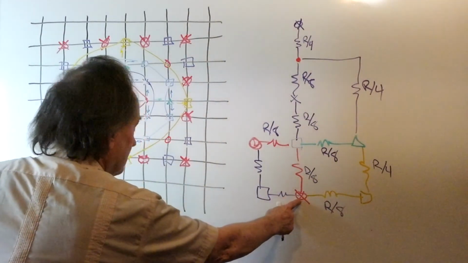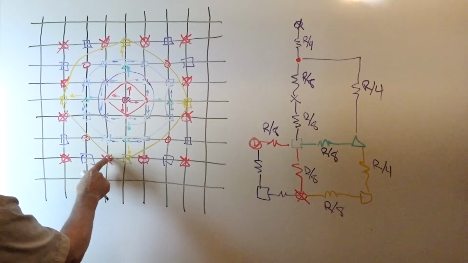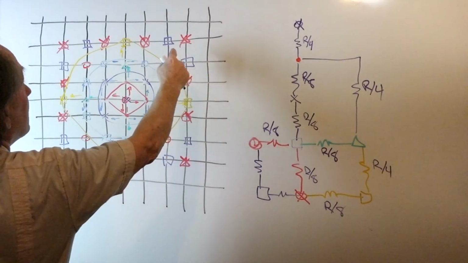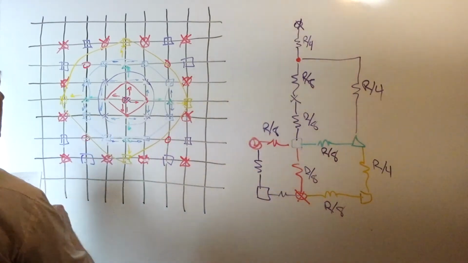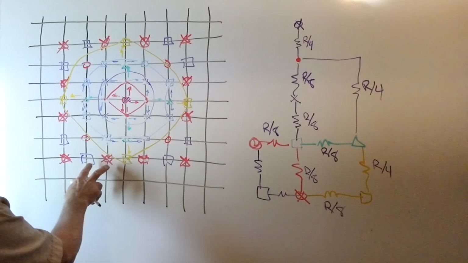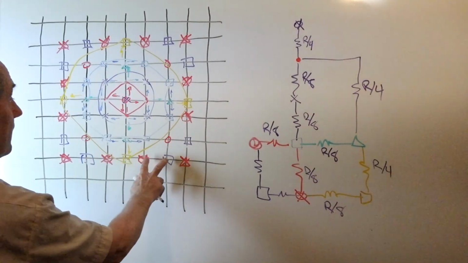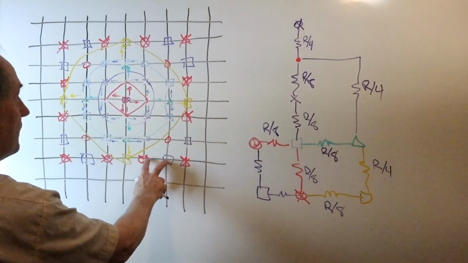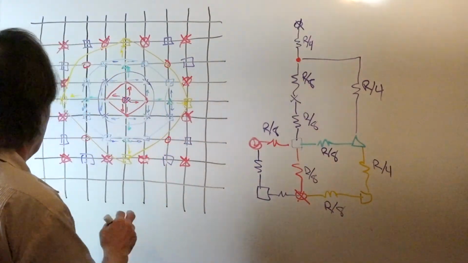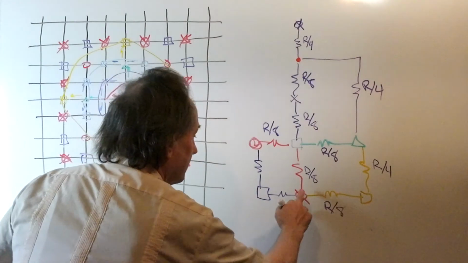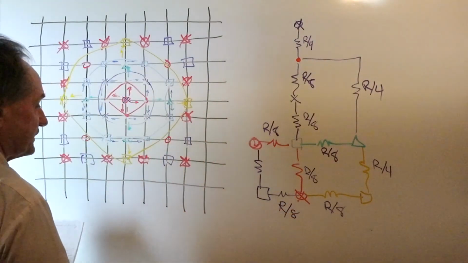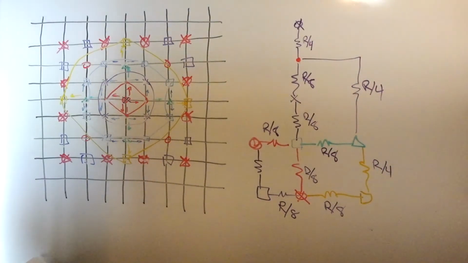From the circle with an X to the purple nodes, we have 1, 2, 3, let's see here. We have 1, 2, 3, 4, 5, 6. We have 8 of them. So from the red circle with an X to the purple square, we have 8 resistors, so it's R over 8.